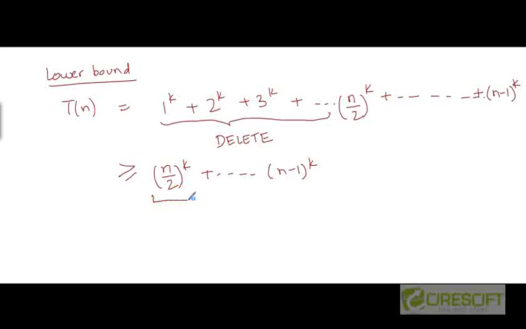Well, we know that the first term here itself has a rate of growth of n to the power k, and every other term in this series is at least as large as the first term, because the base of the power is growing from n by 2 to n minus 1. So every term here is at least as large as n by 2 to the power k. So why not replace every term by the first term, which is n by 2 to the power k.